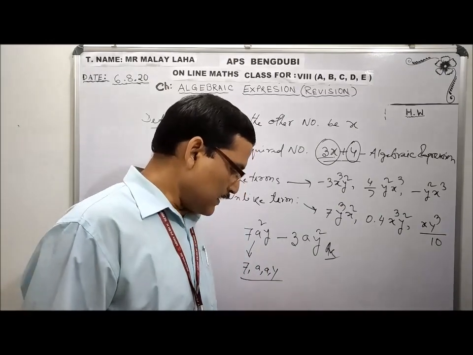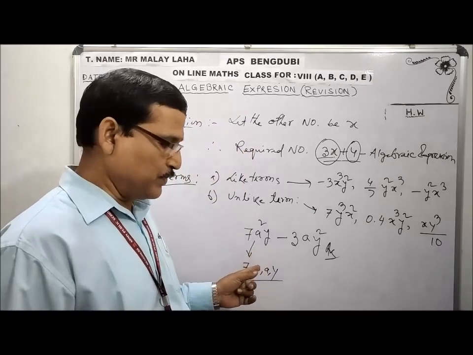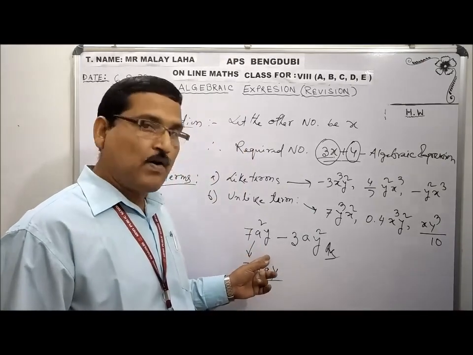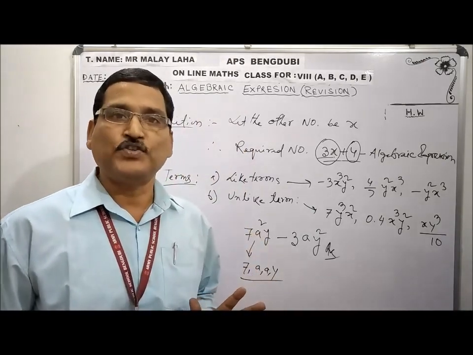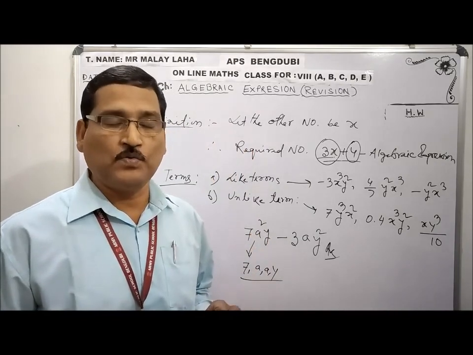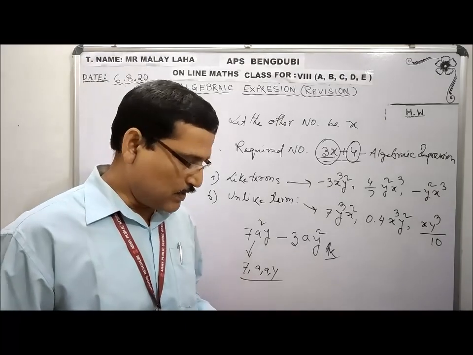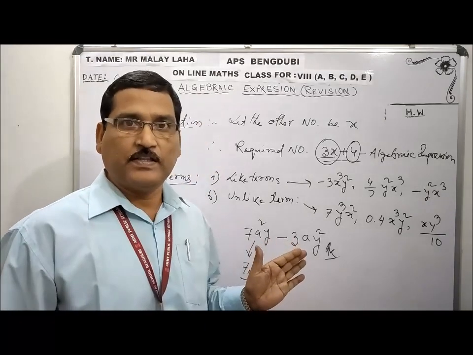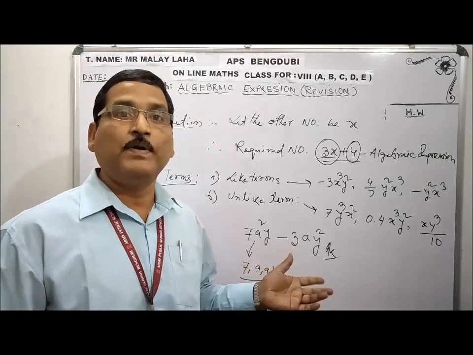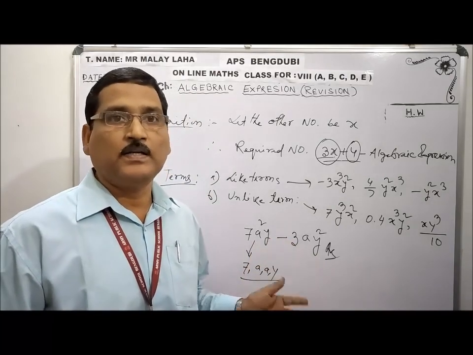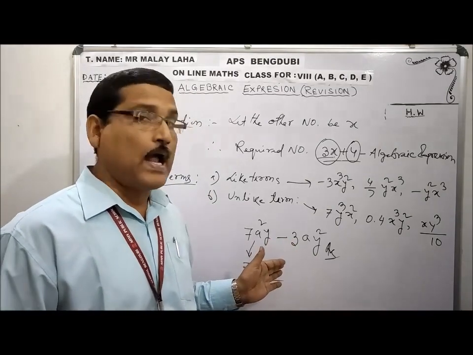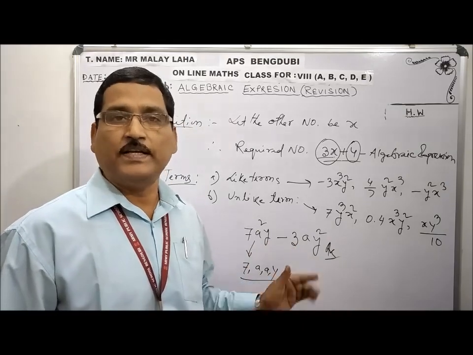An algebraic expression is called a polynomial if the power of the variable is a non-negative integer. That means it may be 0, it may be a positive number, but it cannot be a negative number. And how many terms it has does not matter.